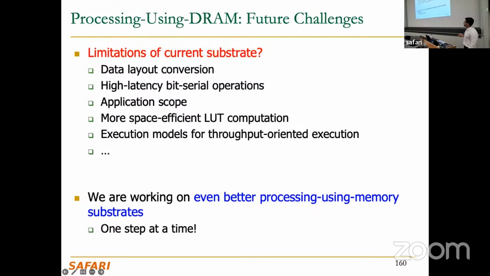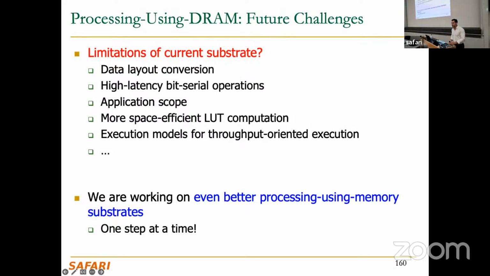Another thing that is a spoiler is execution models for throughput-oriented execution. In MIMDRAM, we are trying to take SIMD instructions and exploit SIMD parallelism only to execute processing using DRAM computation. But SIMD parallelism only is not good enough for a throughput-oriented accelerator. We see this all the time with GPUs, which use, on top of SIMD-level parallelism, also thread-level parallelism.